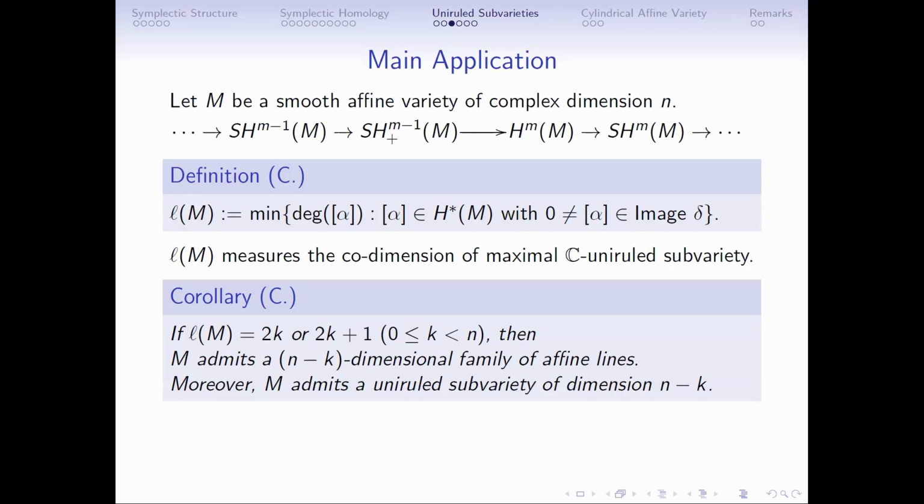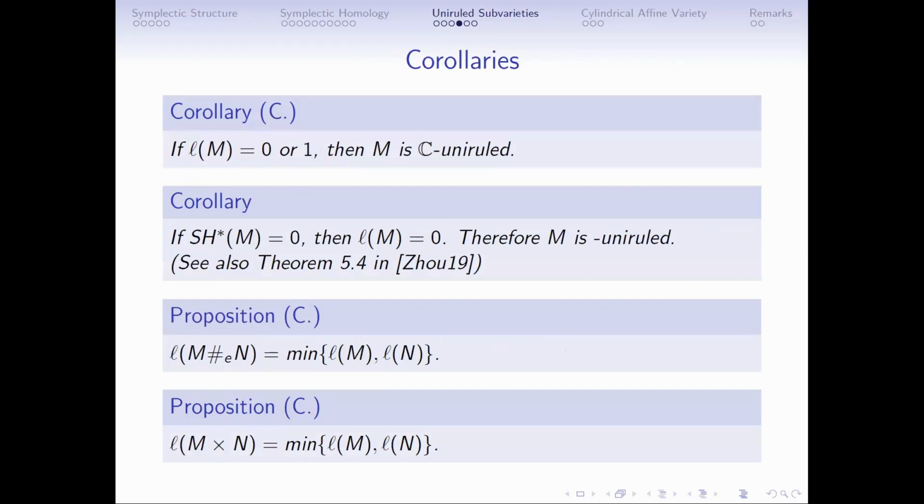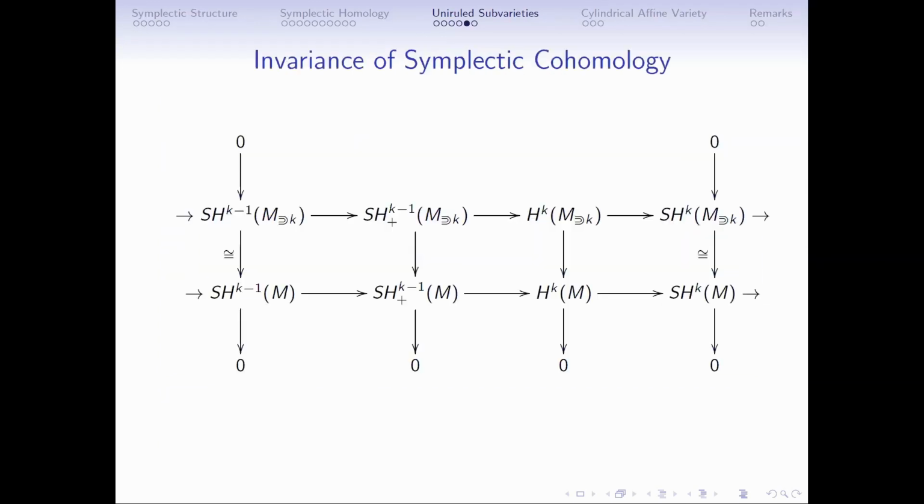And I don't have much time, so I have some criterion for how deep we can get a uniruled locus, but this comes as a direct corollary of the proven properties, and we can handle a patch.